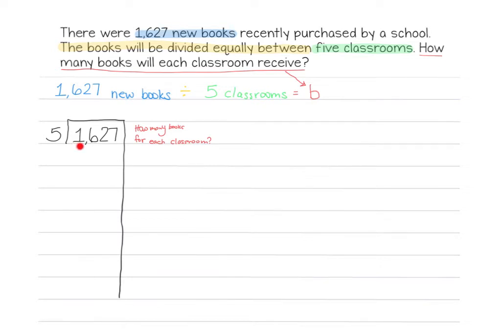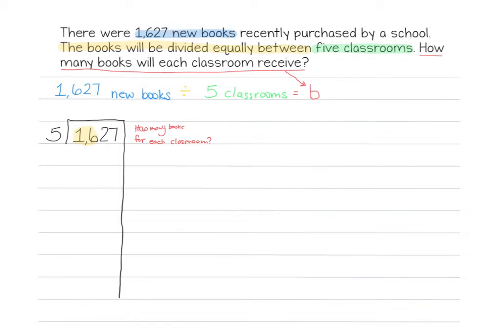So instead of saying 1,000, we are going to regroup this 1,000 into hundreds. So now there are 10 hundreds in 1,000 plus the 600 that is already there. So right now we're looking at 16 hundreds. 16 hundreds divided into 5 groups.